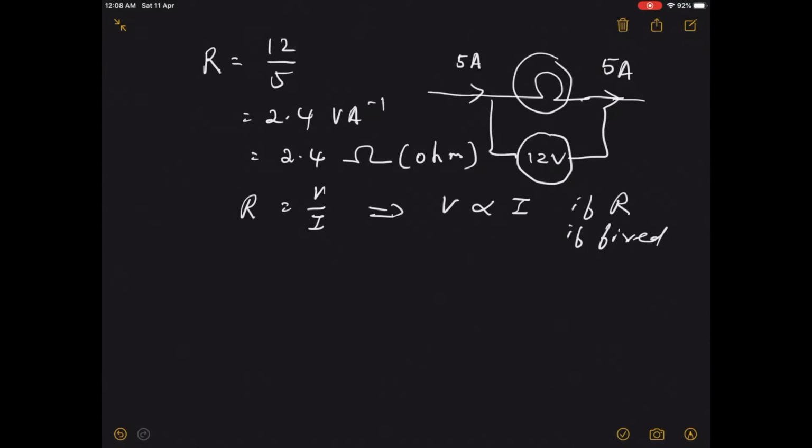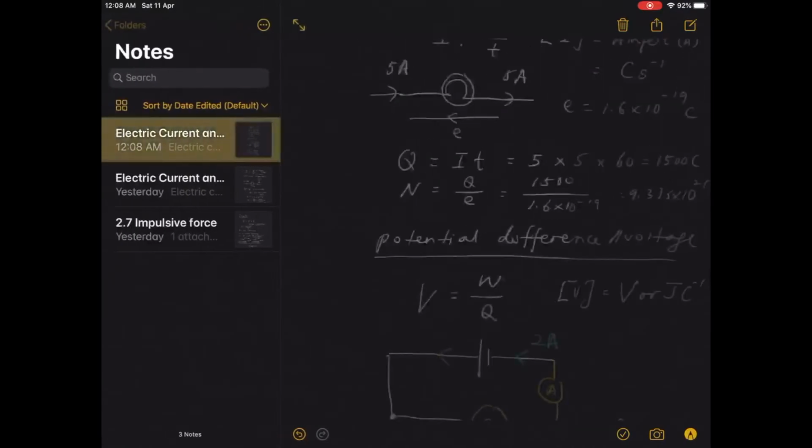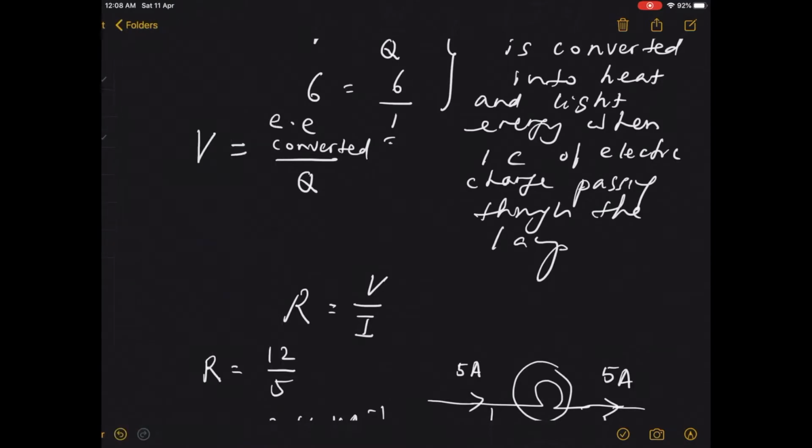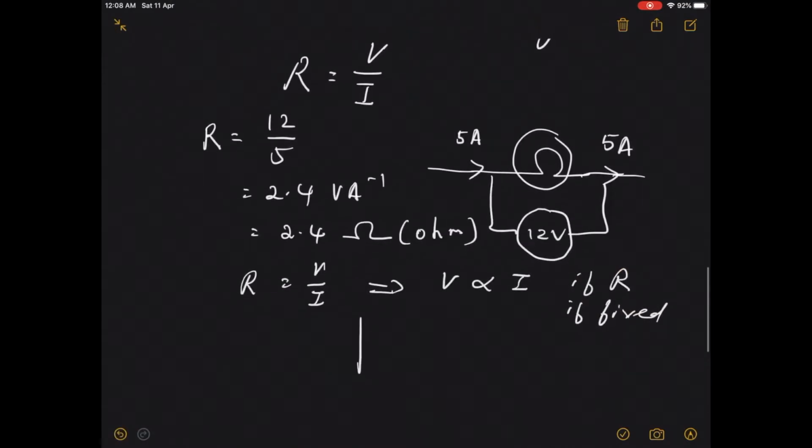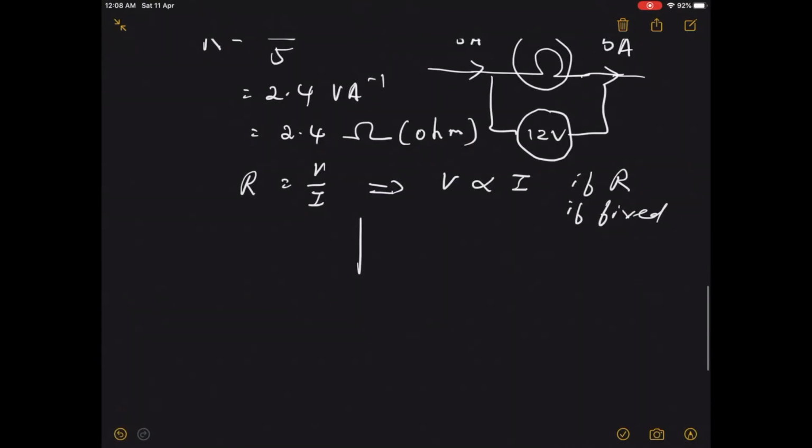So in this case, if I ask you to sketch a graph of V versus I, what type of graph is that? So I expect you to get a straight line, am I right? True?